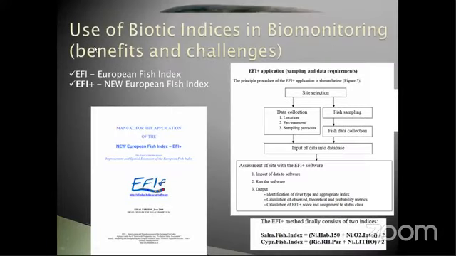And for the end, I'm going to say something more about the specific biotic indices for fishes besides IBI. Those are the European Fish Index and the New European Fish Index. The first one was designed in 2004 and the second, I think, in 2009. They deal with several metric parameters, which are compared with the referent conditions.